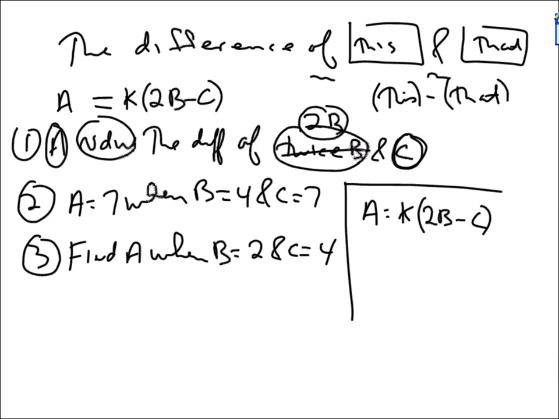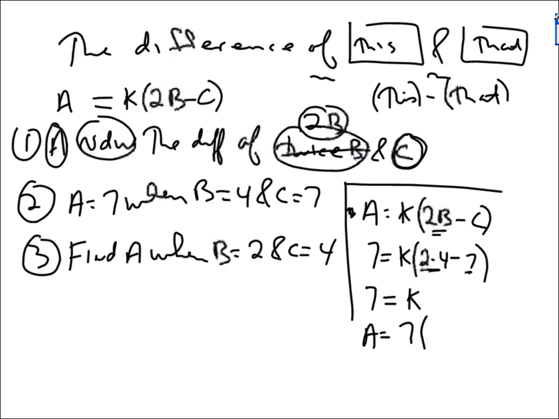And the second statement says A is equal to 7 when B is 4, so 2 times 4 minus 7. 8 minus 7 is 1. So 7 is equal to K times 1, or just K. So now we know K. So update this equation here. A is 7 times 2B minus C.